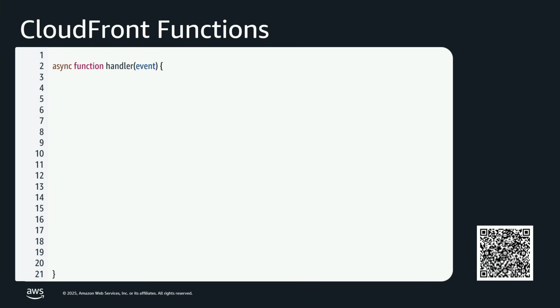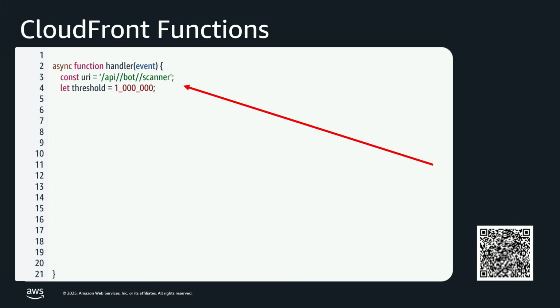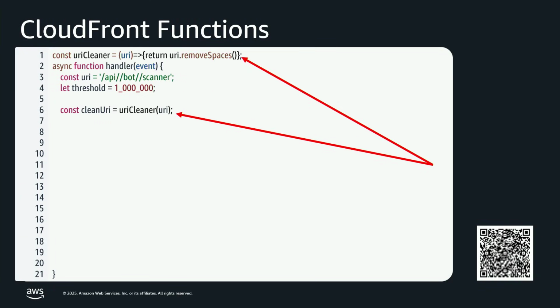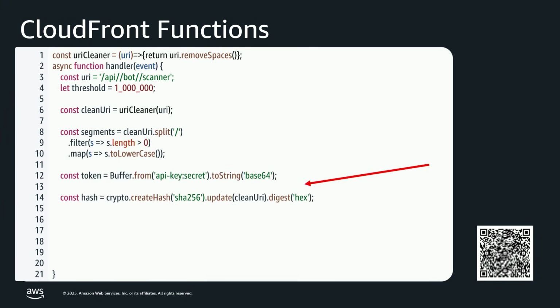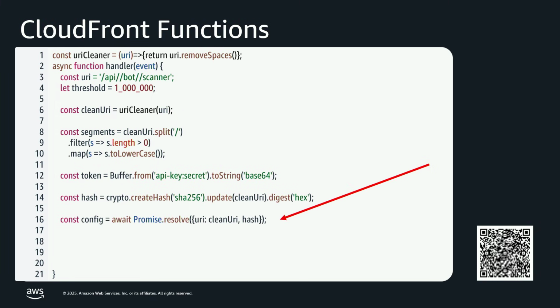So the CloudFront Functions are based, as I mentioned, on simple JavaScript. So you can use variables like strings and numbers. You can define your own functions. You can use JavaScript native methods such as string, length, lowercase, and many other native methods. You can use more advanced methods like buffers and crypto if you want to create your own authentication within the edge.